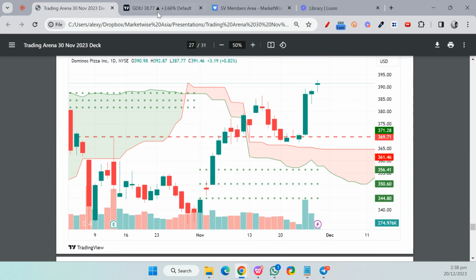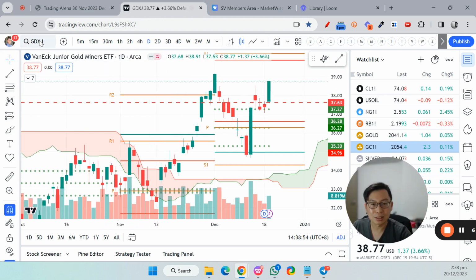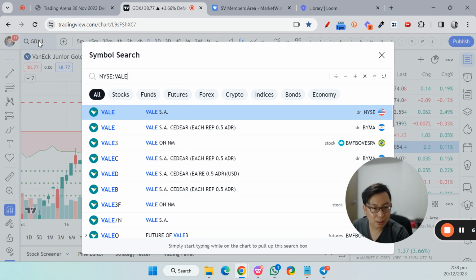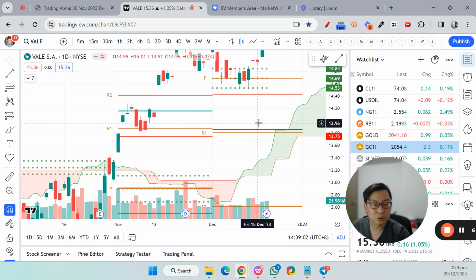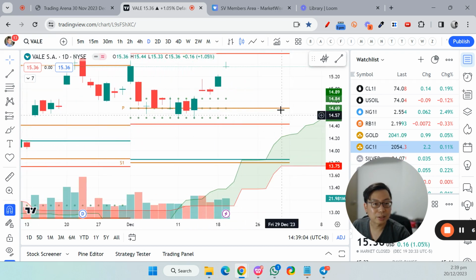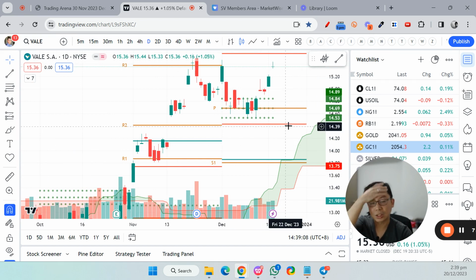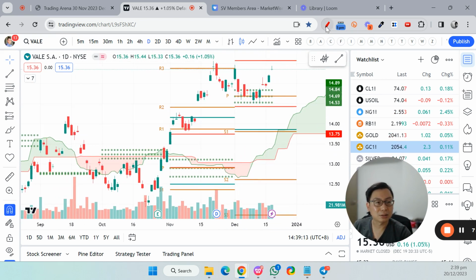Another one, just to share with you, is a trade that I did recently, a chart on Vail. This is in oil and gas. This is a very new case study. Yeah, I will do a naked chart. But before I do, just to share with you guys, can you see that this is the oil and gas industry.